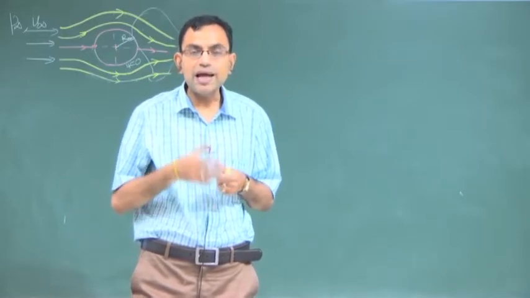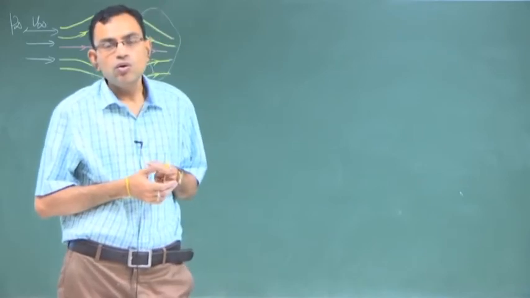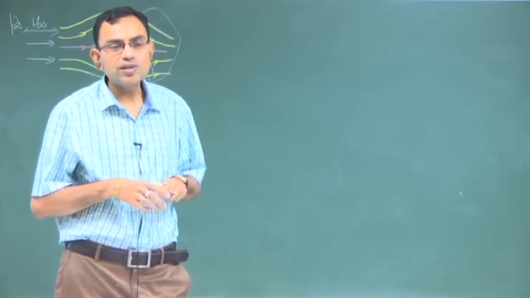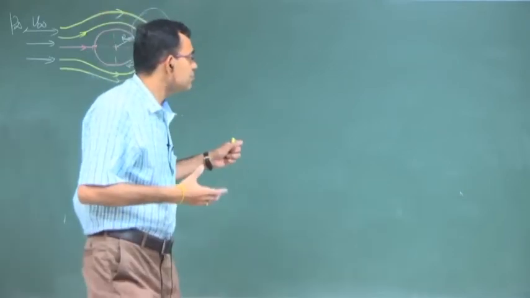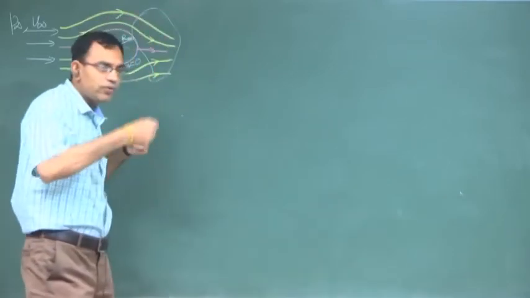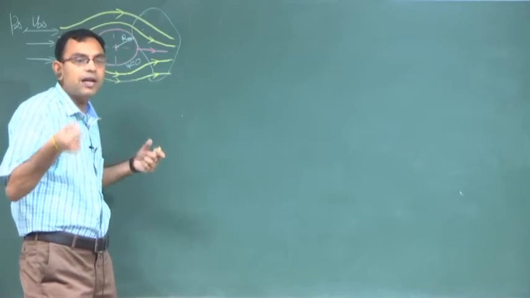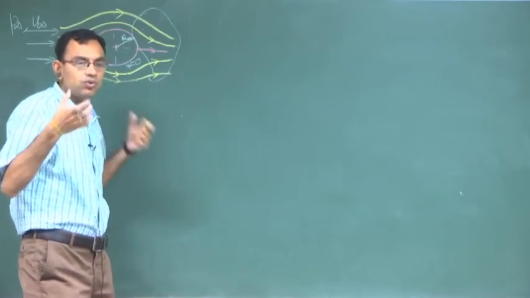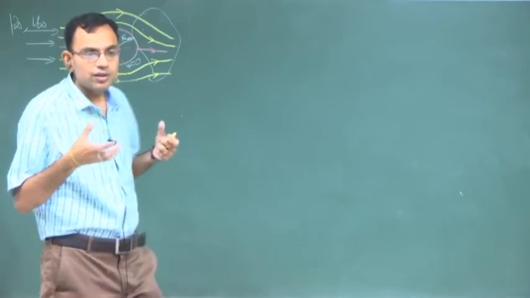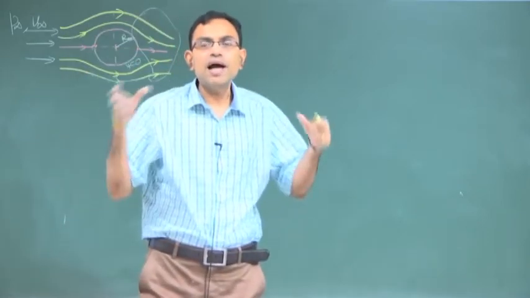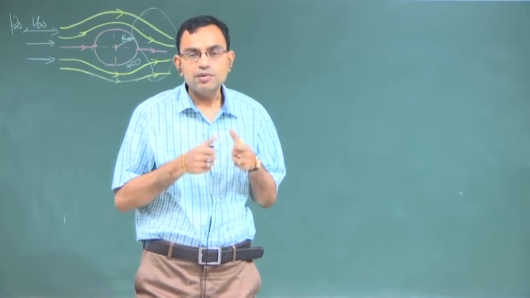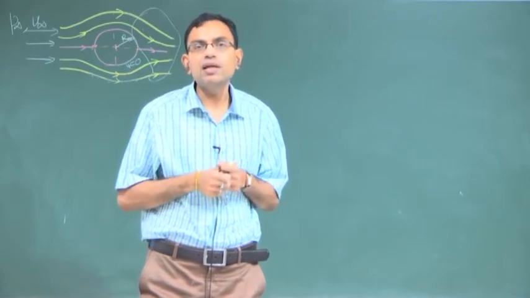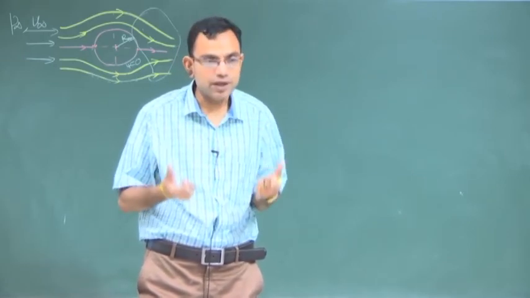So, to get into that, we have to introduce some feature in addition to the uniform flow and the doublet, to introduce the drag force on a cylinder. That particular thing is nothing but a viscous effect.